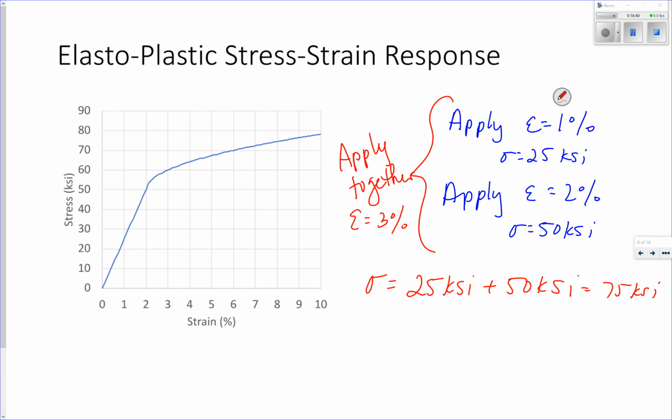So if I apply that 3%, I should have an internal stress of 75 KSI. So let's see, 3%. Oh, nope, that's about 60. So again, I'm overestimating because I'm assuming that I'm a linear elastic material.